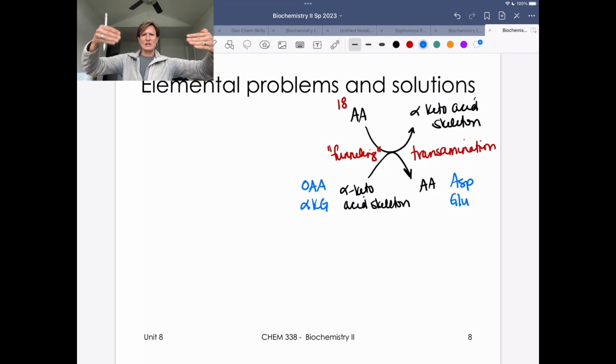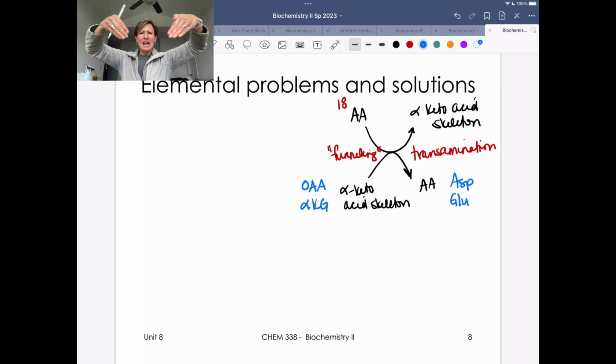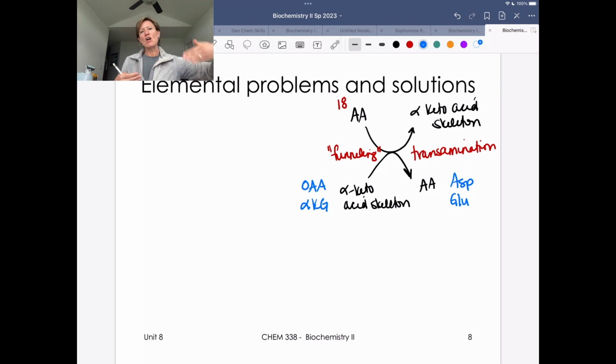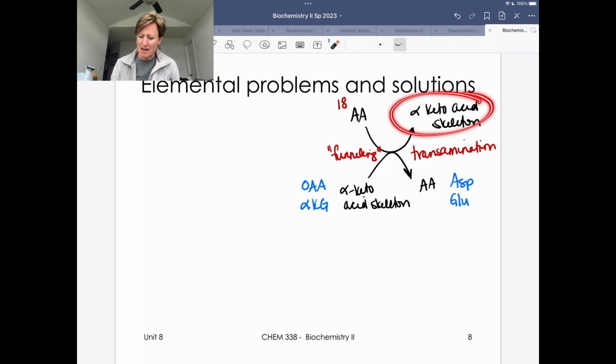It can interact with any one of the other 18 amino acids, and they're essentially going to be doing an amine exchange reaction. Then oxaloacetate gets to pick up the nitrogen atom and become its cognate amino acid. It becomes aspartic acid.